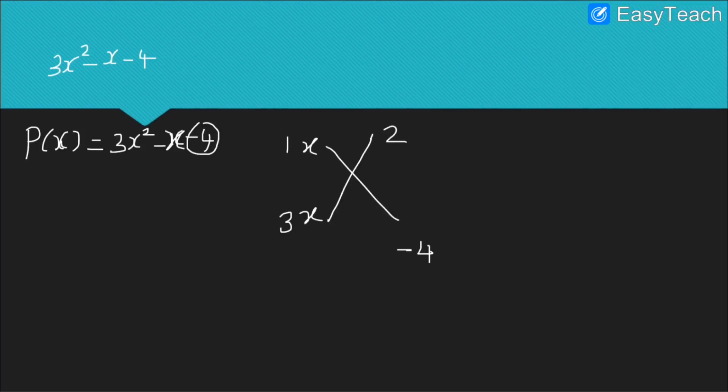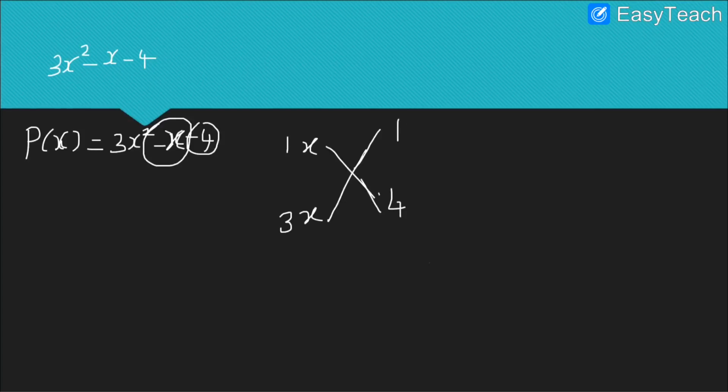Let's do this. 2 2s are 4. If I put any one sign, the product will be minus 4, but where should I put it? Let me check. It is not possible here, so 2 into 2 is not possible.